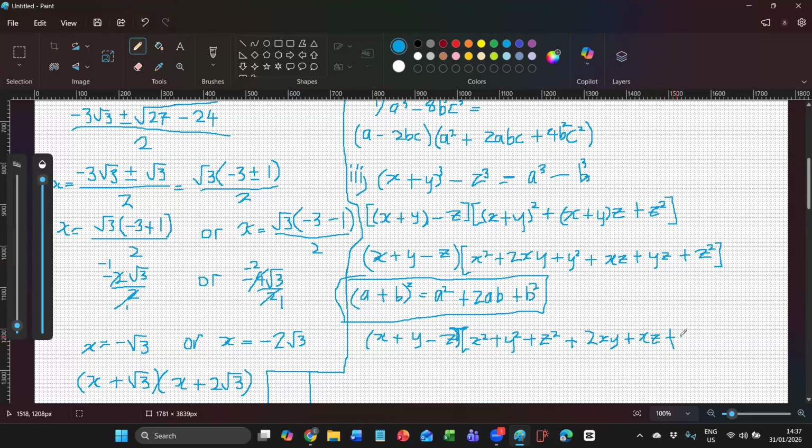Yes, I think it's okay like this. I don't think we left anything out, did we? No, sir. So it's simple enough like this. We can leave it this way.